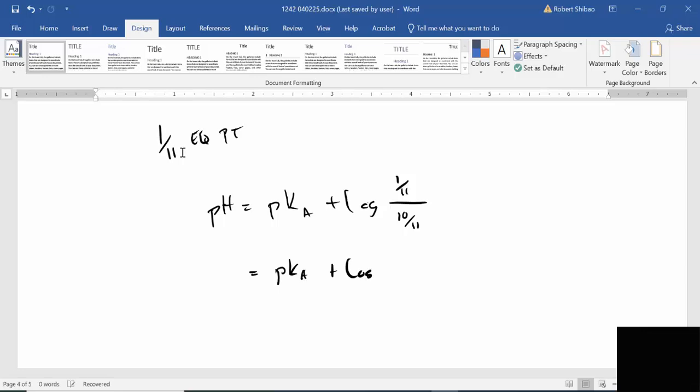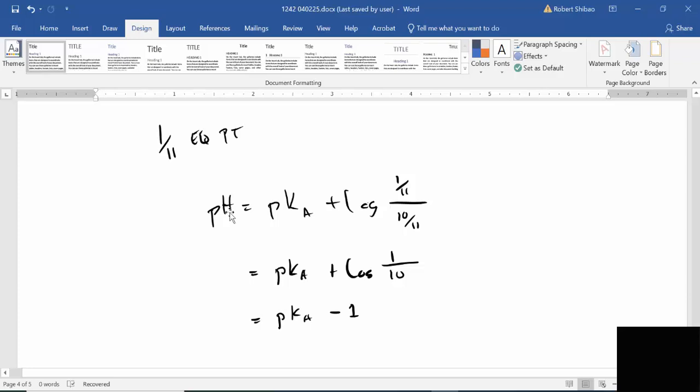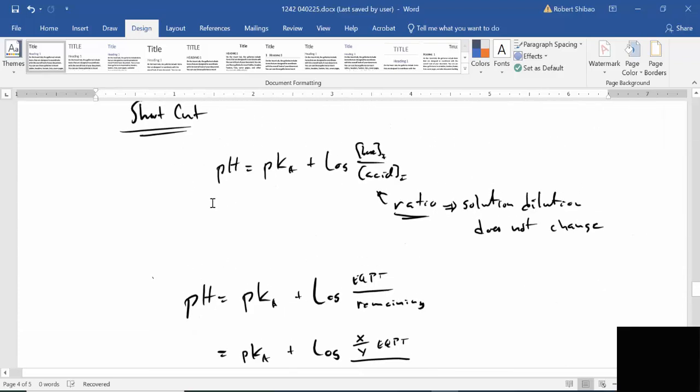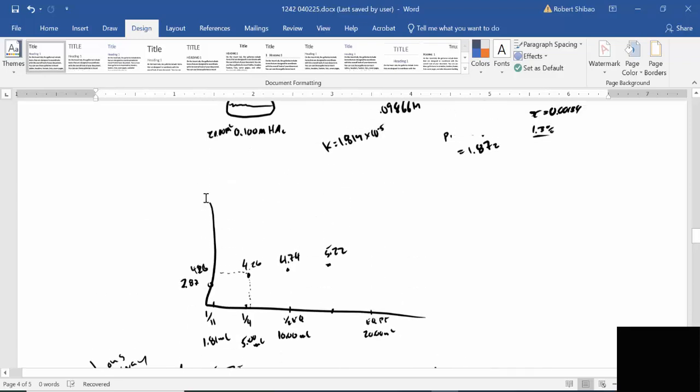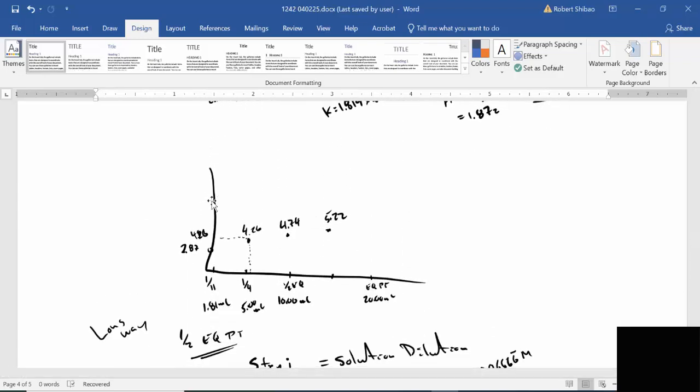Take a look at the ratio of base to acid: it's 1 part base to 10 parts acid. Do you see that? This gives us a nice clean number, because what is the log base 10 of 1/10? It's -1. And so that's easy: pKa minus 1. So at 1.81 milliliters, I'm going to have 4.74 minus 1, which is 3.74.